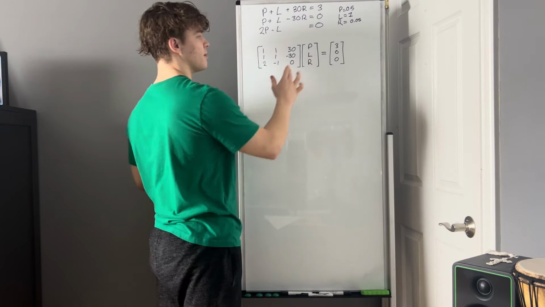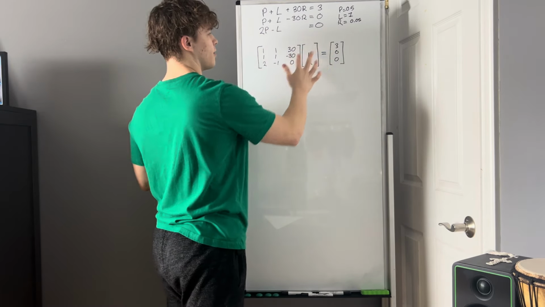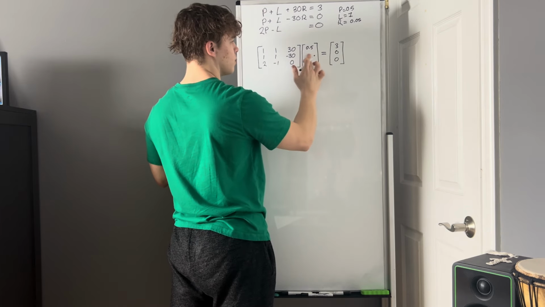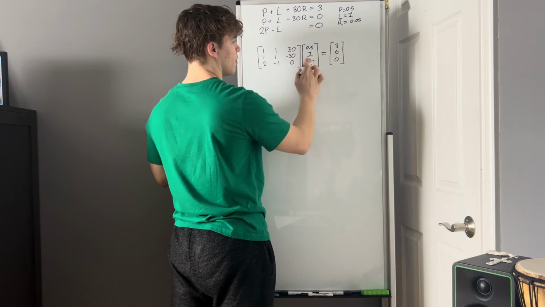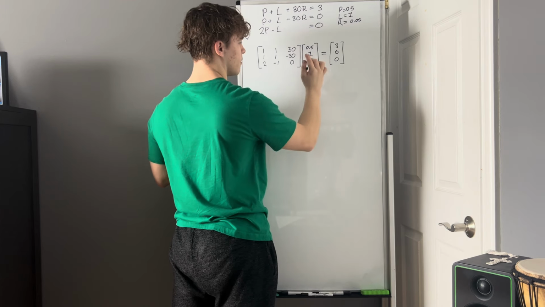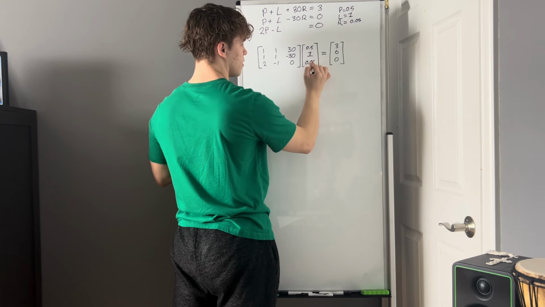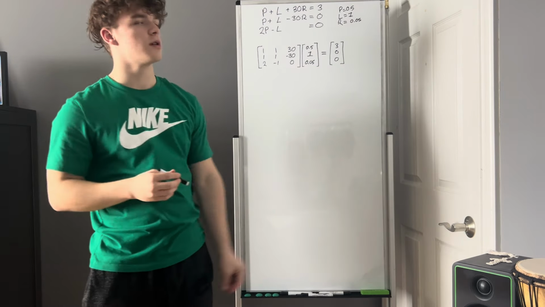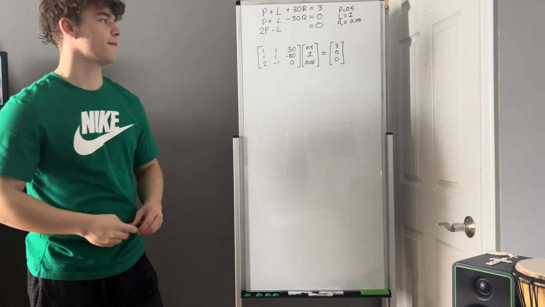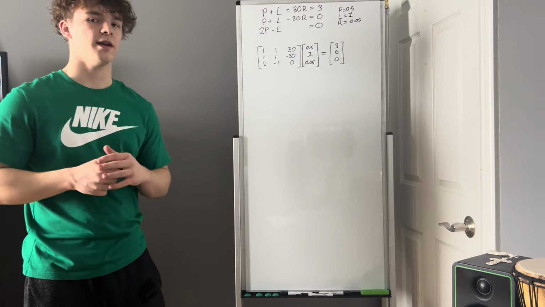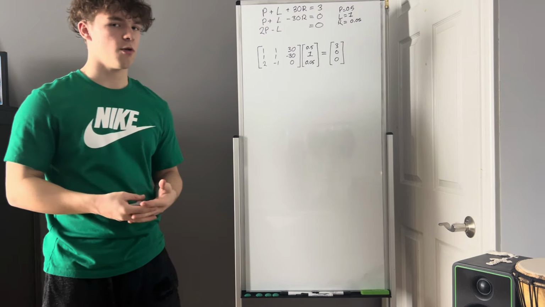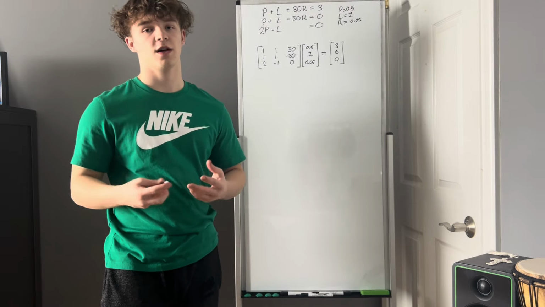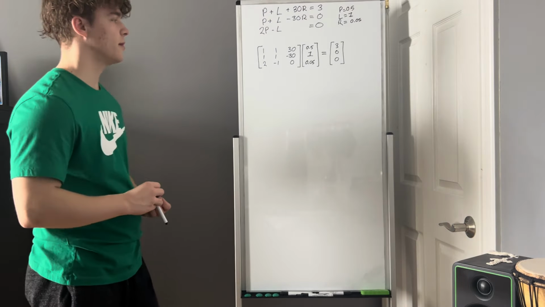And so for this to be possible, let's just replace our P, which is 0.5, our L, which is 1, and our R, which is 0.05, and check if this equals 3, 0, 0. Truth be told, it does. I'm not going to go over this because we did talk about this in the last video. If you want to check it for yourself, go ahead.